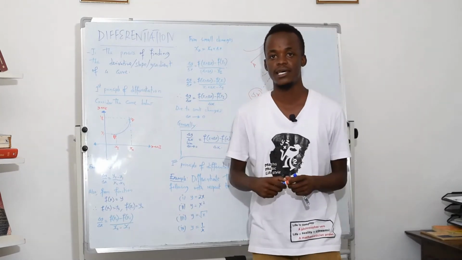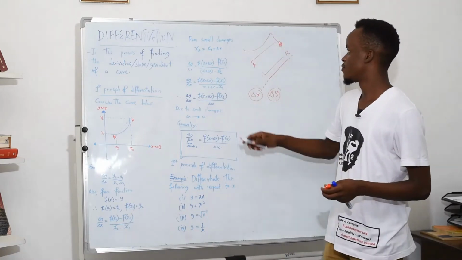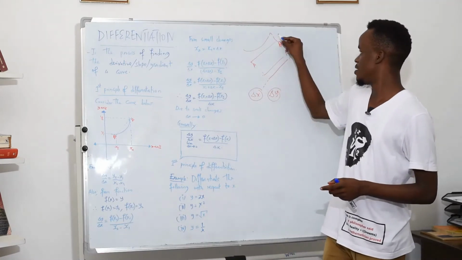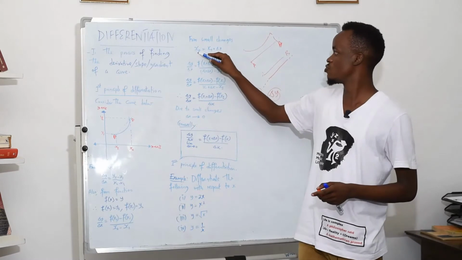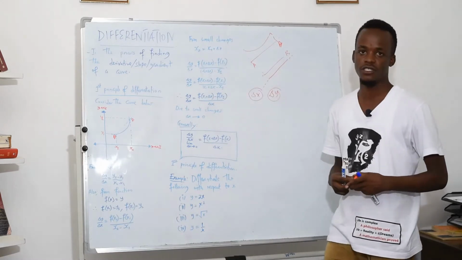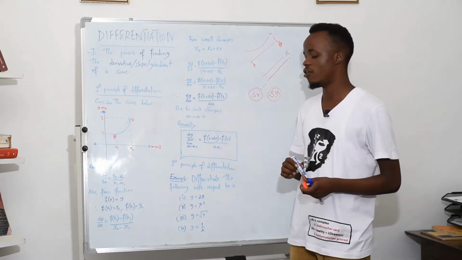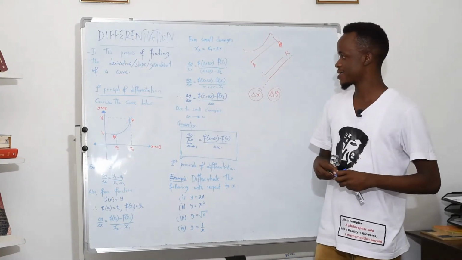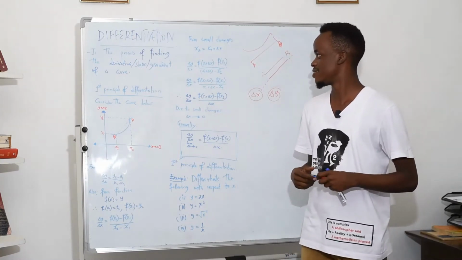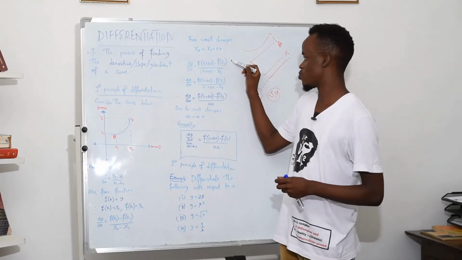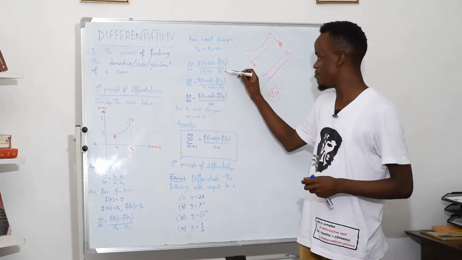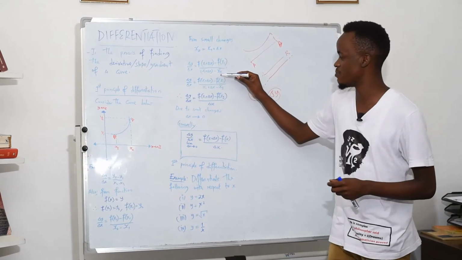divided by x2 minus x1. But from the small changes, as we discussed earlier here, x2 equals x1 plus change in x. Therefore, our formula will change: change in y over change in x equals f of x1 plus change in x, minus f of x1, divided by x1 plus change in x minus x1.